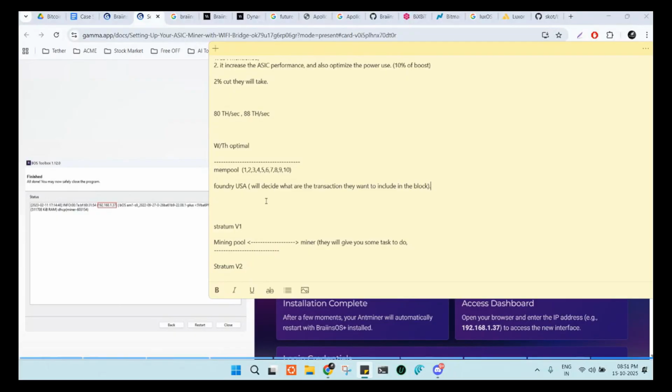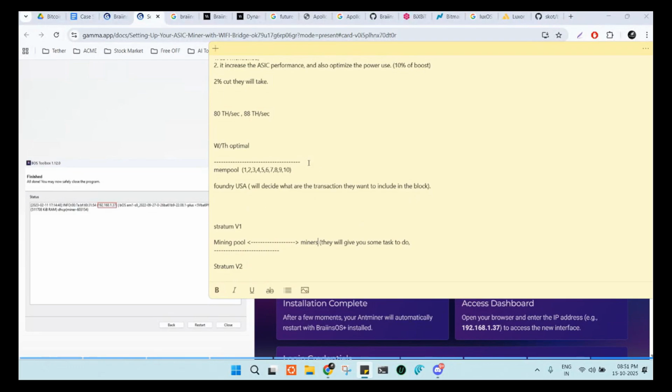Once they decide, they will distribute this task and give it to the miners. And miners have no say if they want to add any other transaction.